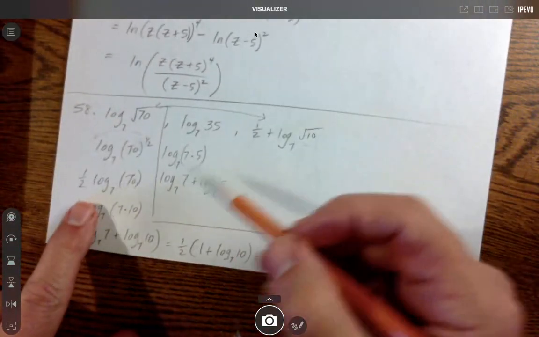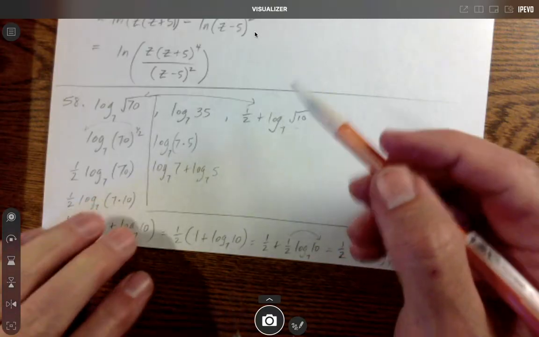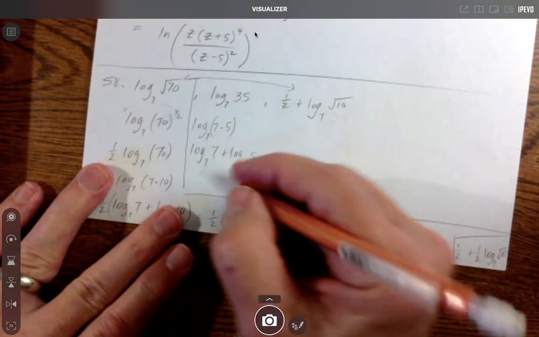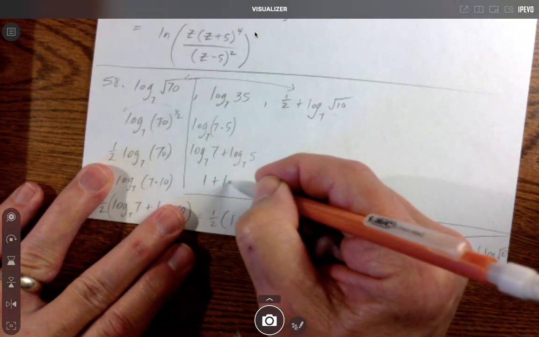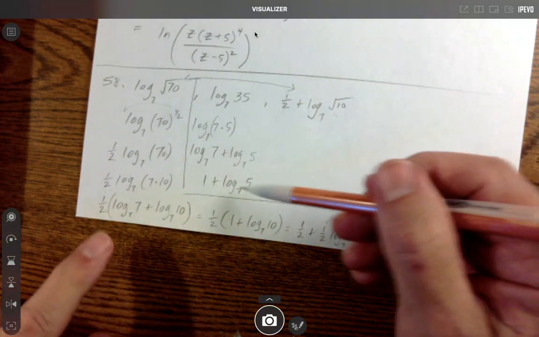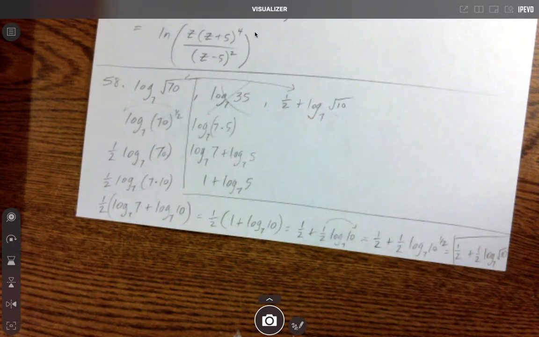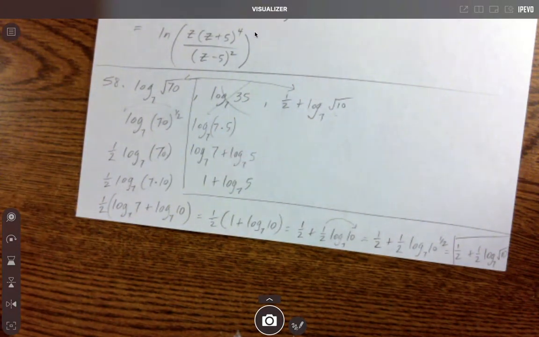So it's very similar to what I did over here. So this is just 1 plus log base 7 of 5. I don't think there's anything I could do with this one. So this one's not equal to the other two that I can see.